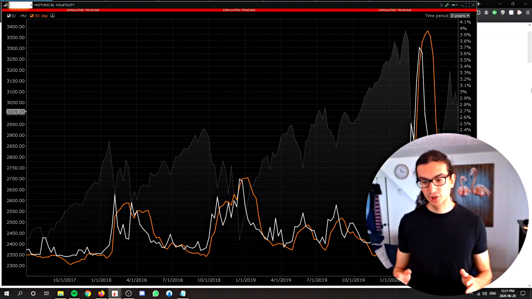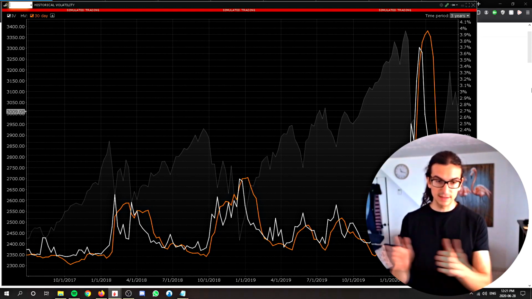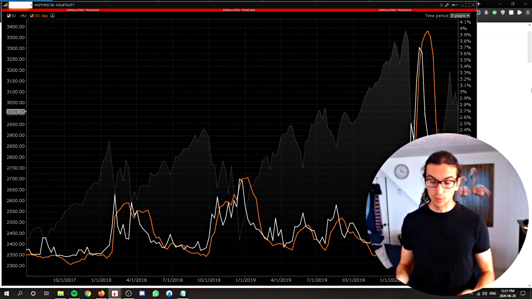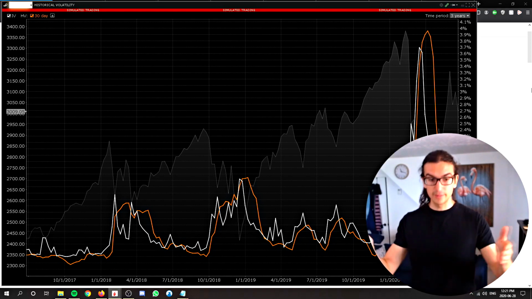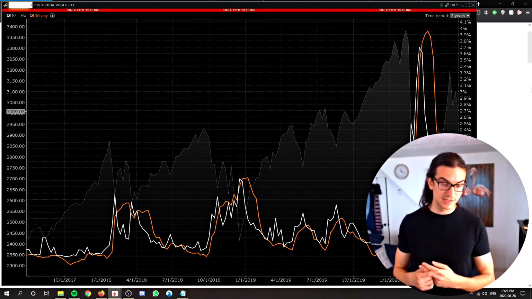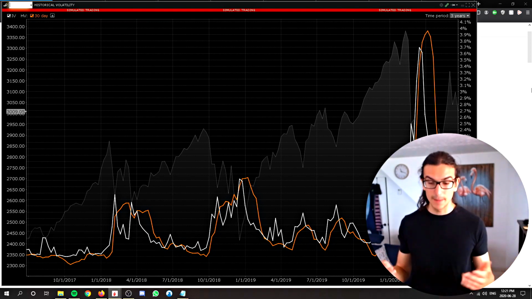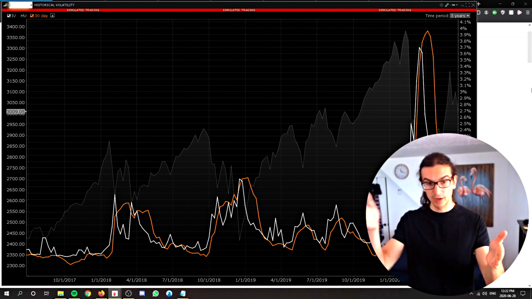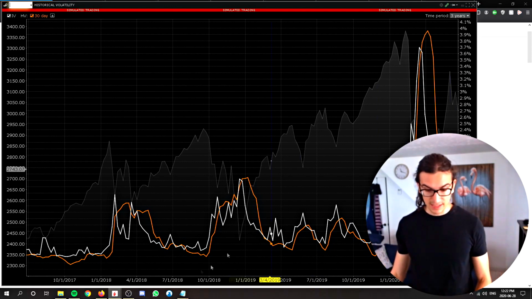Remember, standard deviation is simply the data sets and where they fall. One standard deviation encompasses 68% of all of the occurrences of data points. And then away from that, we have two standard deviations, which should encompass 95% of all occurrences. What two standard deviations says is that 95% of the time, the price is going to stay between this point and this point. And it's very easy to see that in an options chain.